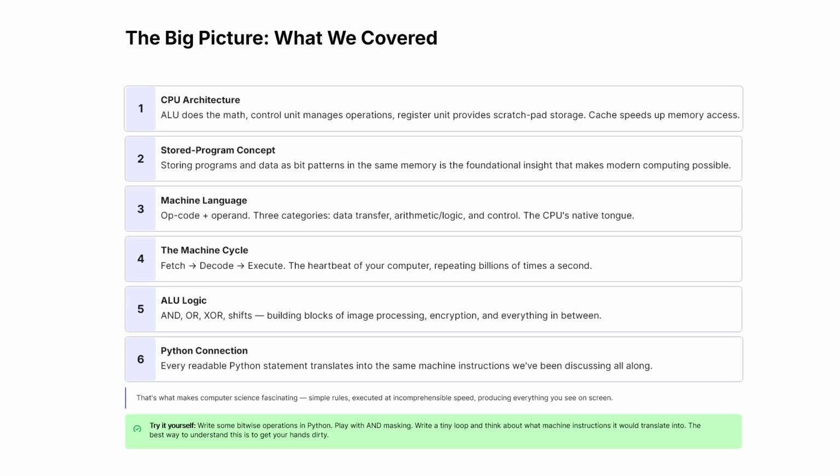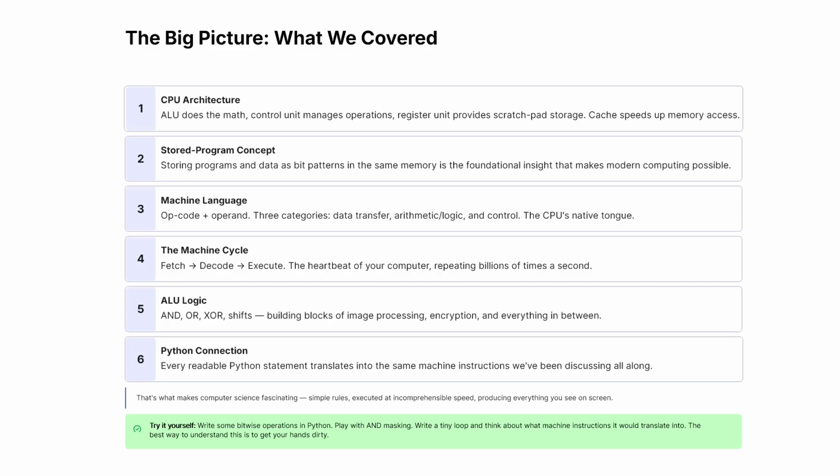They follow simple instructions, one at a time, exactly as given. The sophistication of modern software isn't because the hardware is magic. It's because millions of these simple operations are organized intelligently, at blazing speed, through clever layers of abstraction built up over decades. That's what makes computer science fascinating.